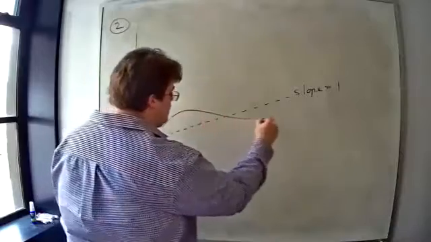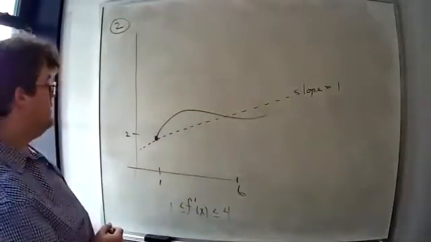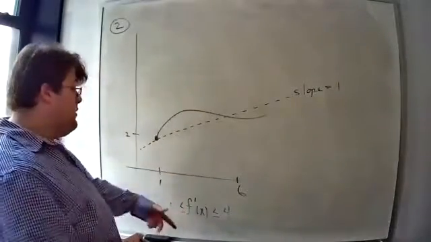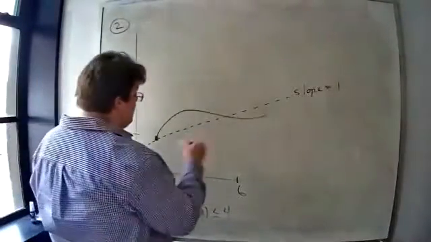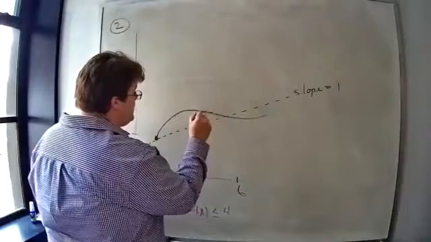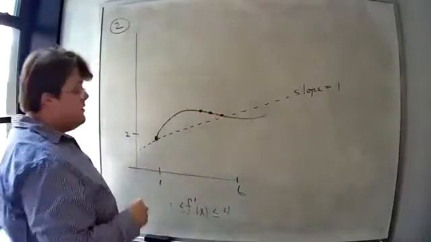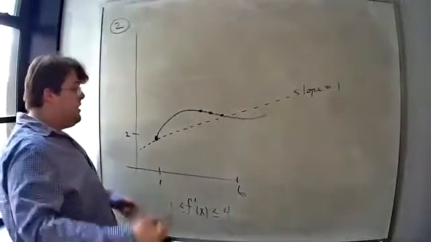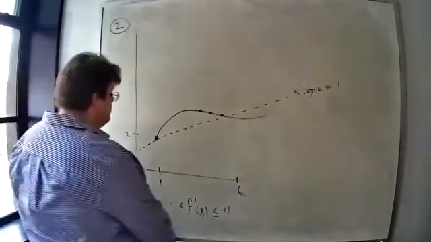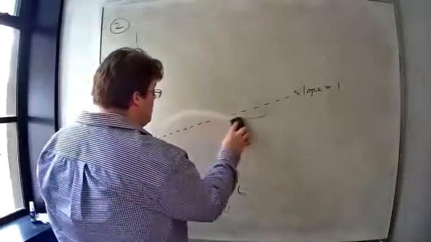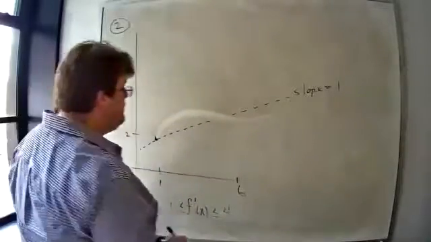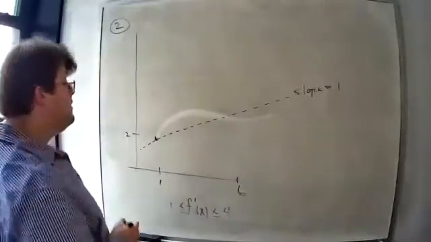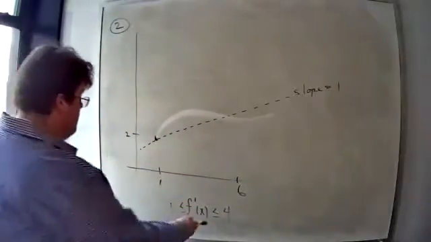But one of them, let's just say it goes like this. Well, on all of these points, f prime would be between 1 and 4. But tangent lines here, for example, will have a negative slope, and in particular, they're going to be less than 1. So at a minimum, this function must not go below this line. So that's one part of this.